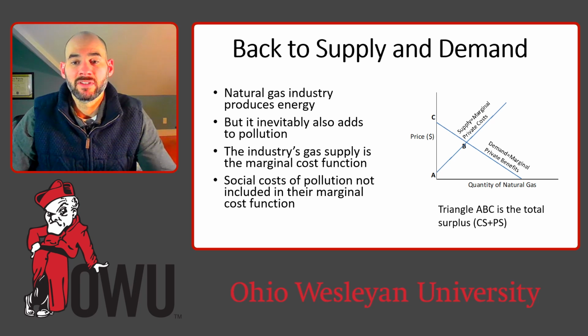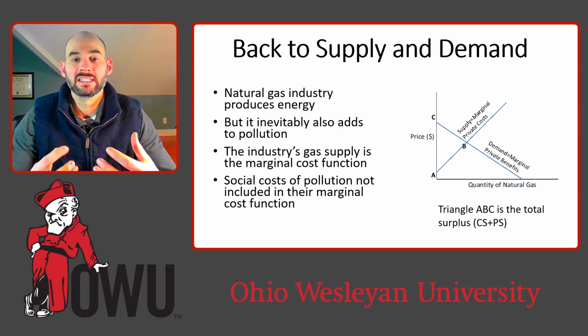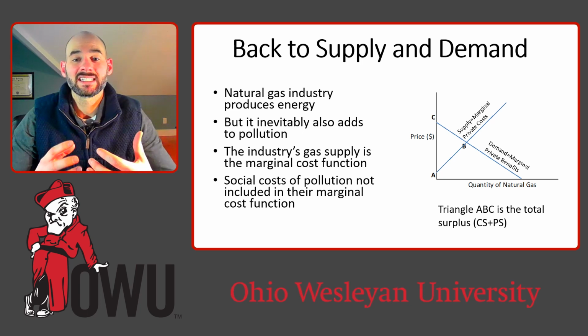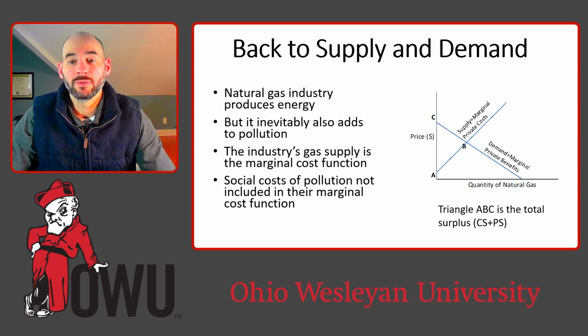And we can visualize what the market for natural gas would look like by intersecting the upward sloping supply curve, which represents the marginal cost to the firm, the private marginal cost, with a downward sloping demand curve, which represents the private marginal benefits to consumers of energy. And what we're missing here is the cost to the rest of society of that pollution.